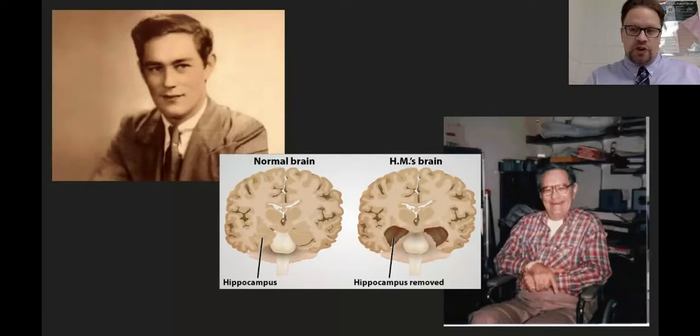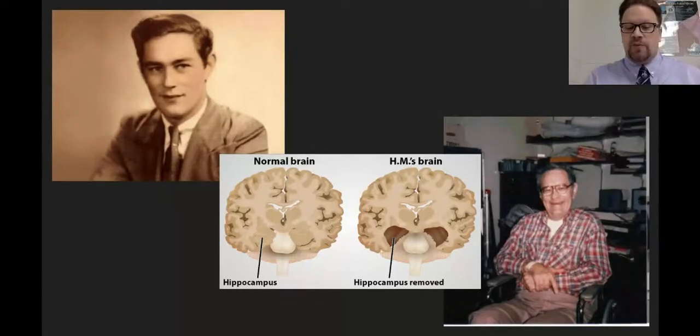After the surgery, HM didn't really have as many seizures, but the downside, they quickly figured out, was that he could still retrieve long-term memories that he had before the surgery, but he was not capable of actually forming any new long-term memories.